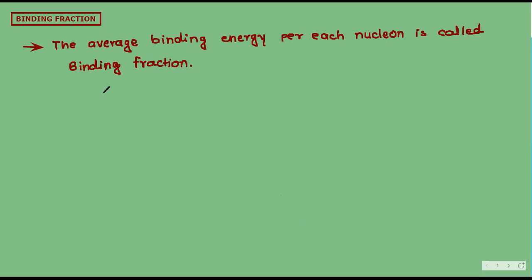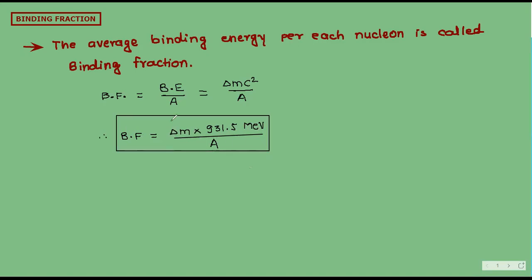Simply, binding fraction, that is BF, is equal to binding energy divided by A. That is equal to delta m c square divided by A, and therefore binding fraction is equal to delta m, and c square value we know, that is 931.5 mega electron volt, by A. This is your binding fraction value. We can keep it in a box.